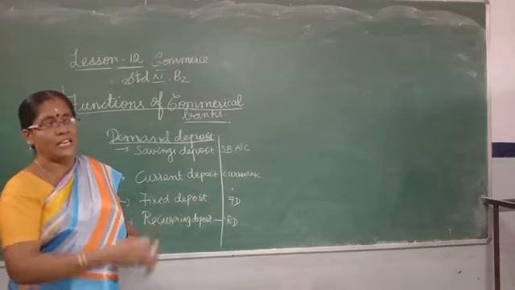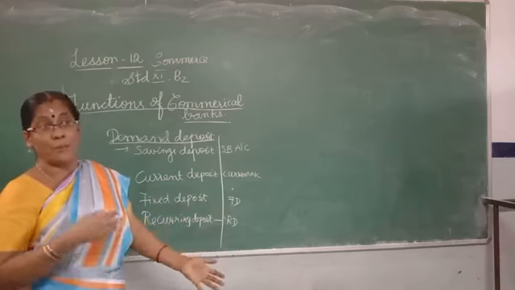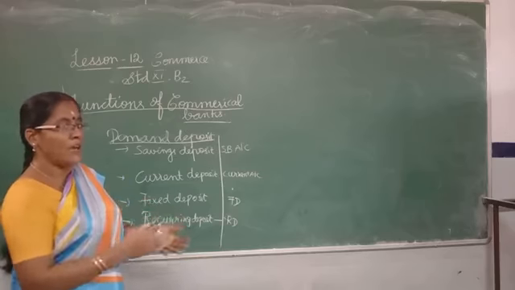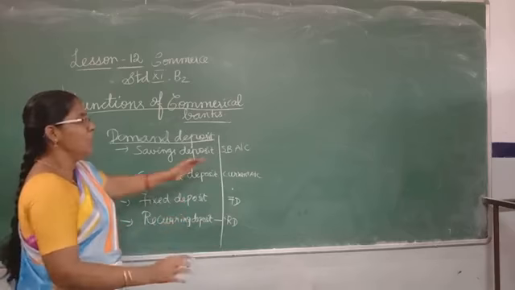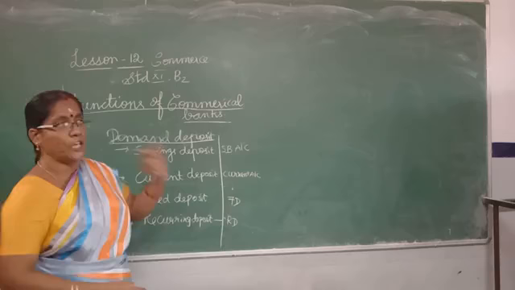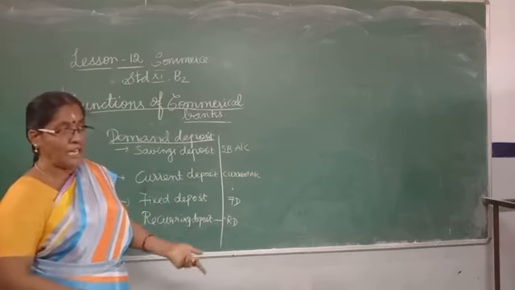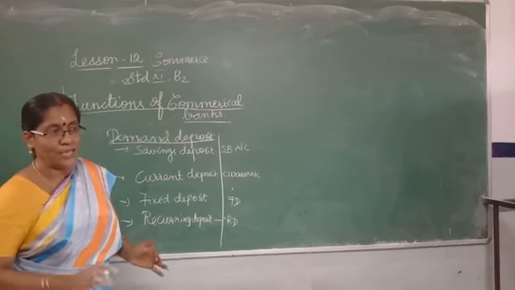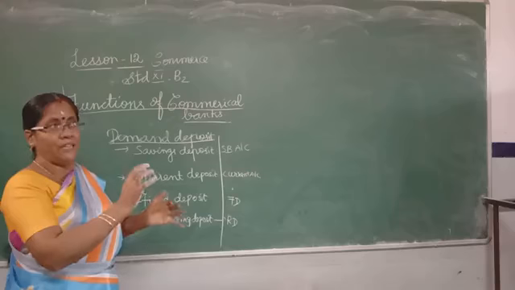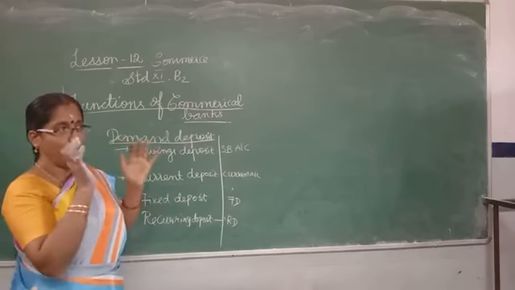After 12th standard, you are going to open an account in your bank. Whatever amount you saved, 5,000 rupees or 6,000 rupees, you open the account in your bank with your name and save all the amount. Like a piggy bank you are saving at home, it is a savings account, you are saving at a bank.